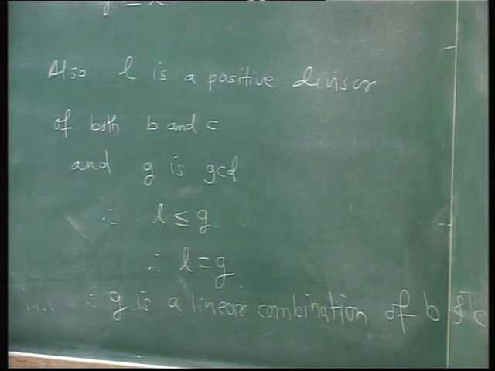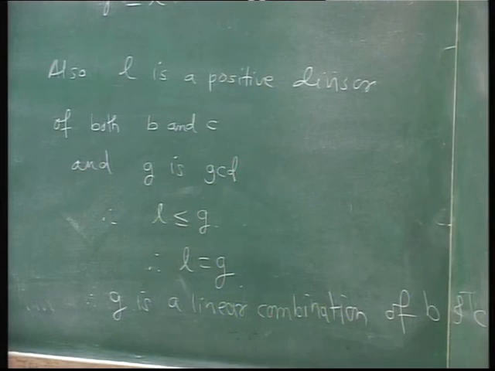Here, these coefficients are not uniquely determined. Although G is a combination of the given numbers B and C, the coefficients are not uniquely determined.